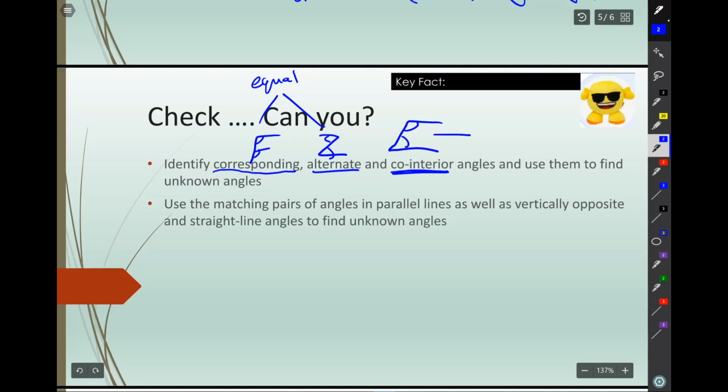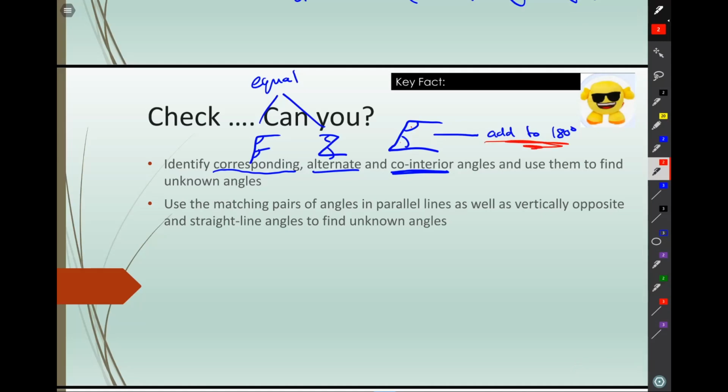Remember, in these angles, we add to 180. Bit different to the first two cases because these two angles aren't equal, but they add to 180.